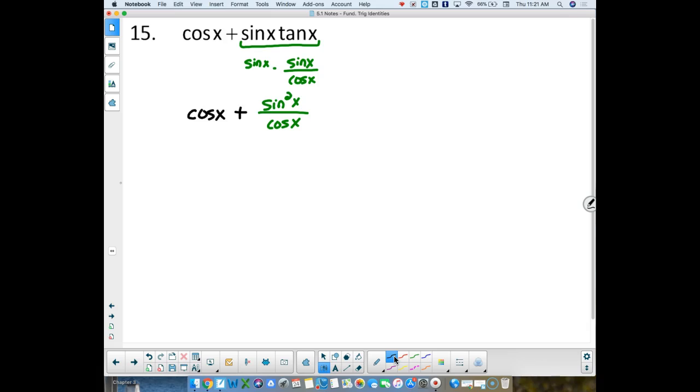Right? Common denominator then is cosine of x. First one needs to be adjusted with an extra cosine.